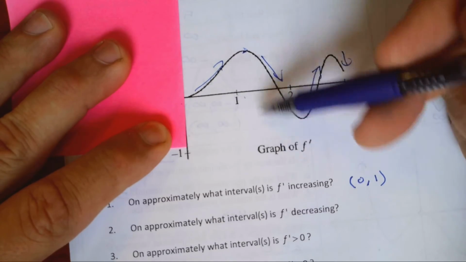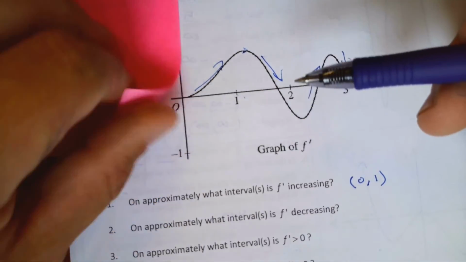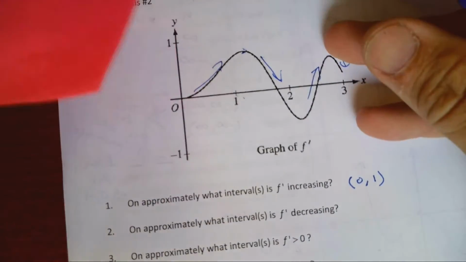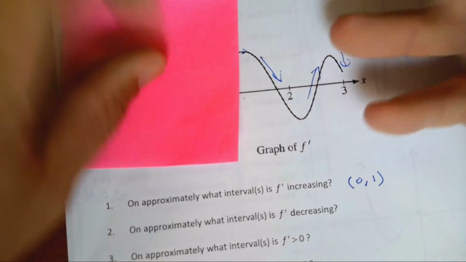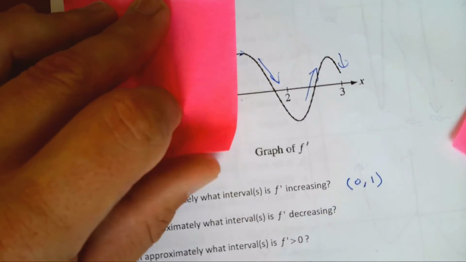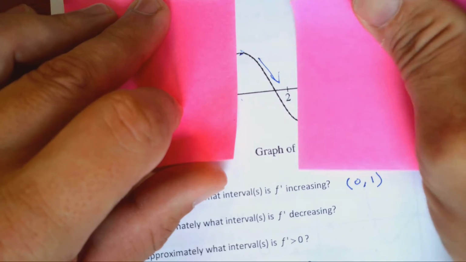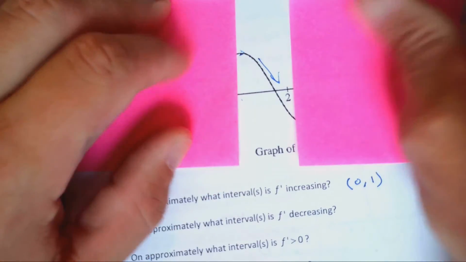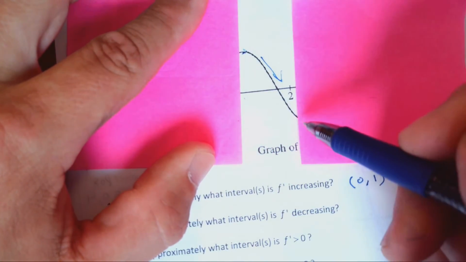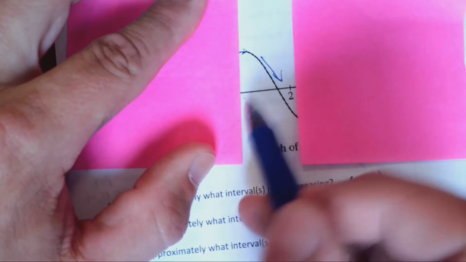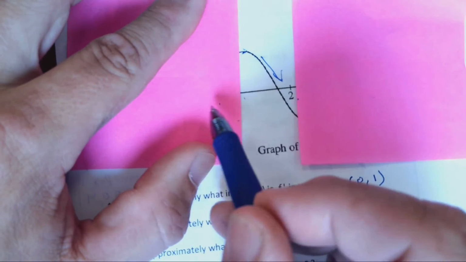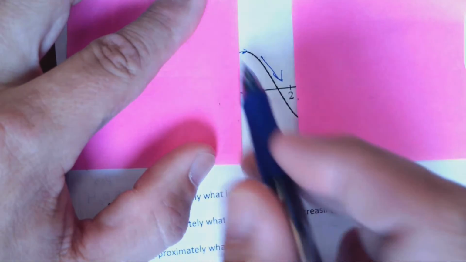So here's this next section, right? Again, we just called it 1 for this one, and let's call this one 2 to make the numbers easier. So from 1 to 2, it's a decreasing interval. Remember, you always read it left to right, and over that interval, it's decreasing.